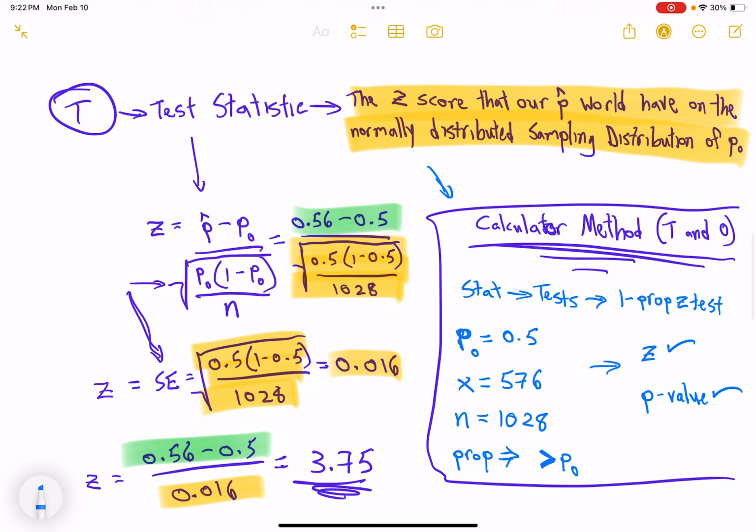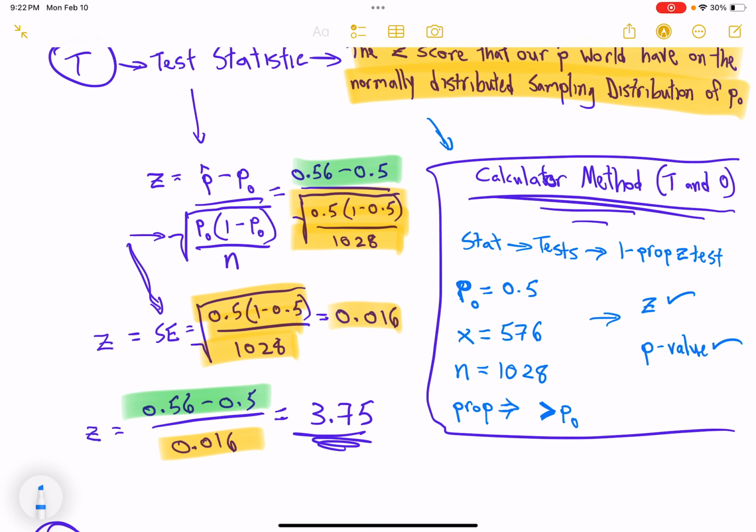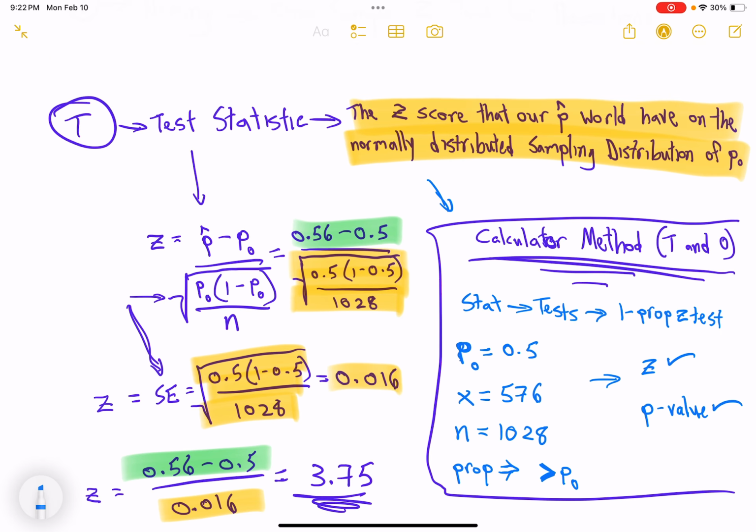But let's say you wanted to do it by hand, or in a particular multiple choice or free response question, they ask you to just give the test statistic, and then to use the test statistic to find the p-value. They often do that. I often do. So be ready. You go in, you calculate your test statistic.